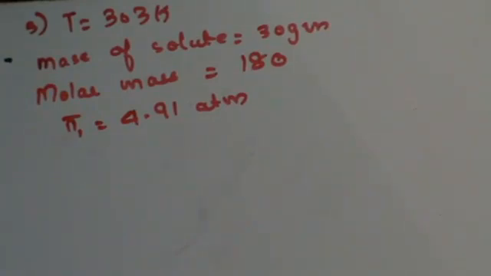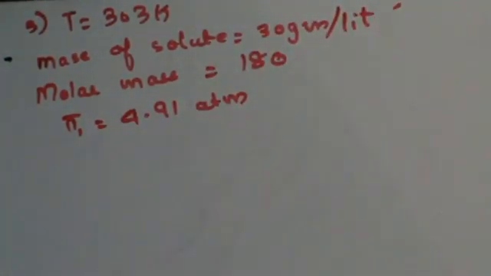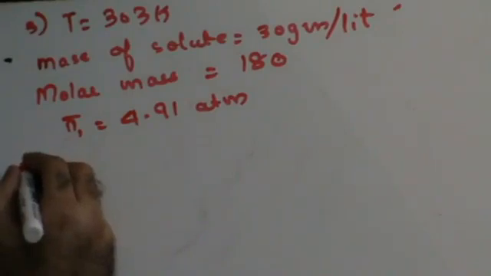Guys, I'll repeat the sum, just check this out. At 303 Kelvin, 30 grams of glucose per liter, just make that correction, having molar mass of 180 has an osmotic pressure of 4.91 atmosphere.